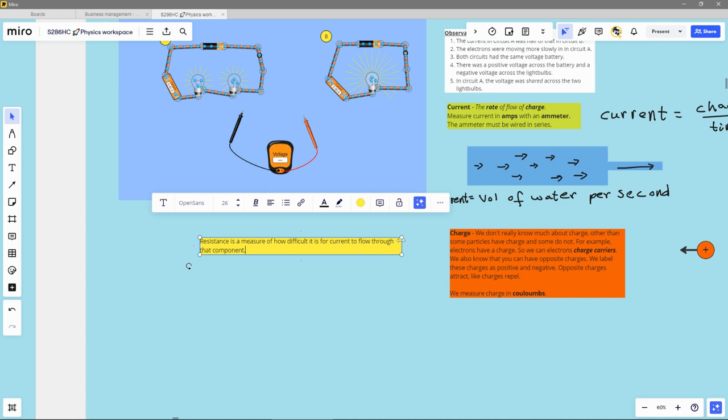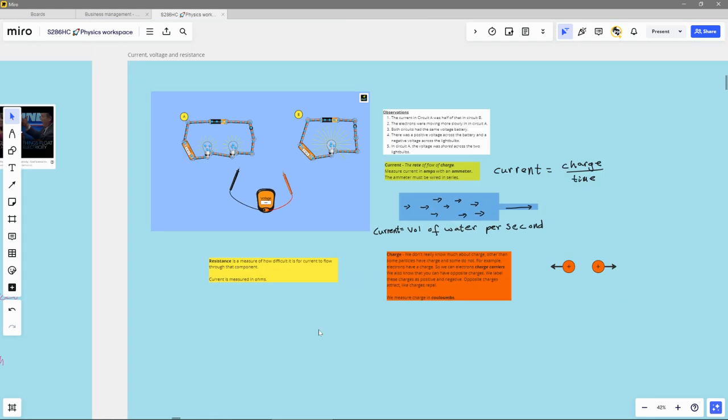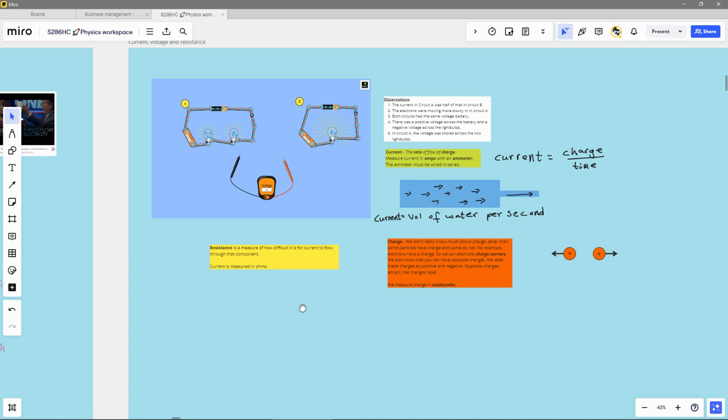Different components have different resistances. So if a light bulb has a high resistance, it means it's hard for the current to flow through it. Resistance is measured in ohms. We'll come back to that in a moment. Let's look at voltage now.